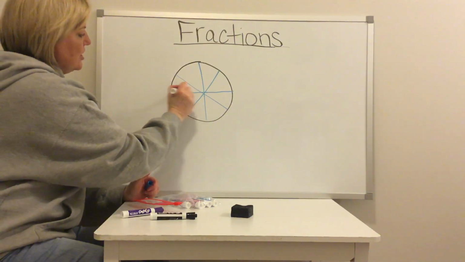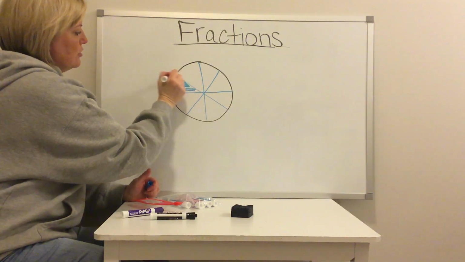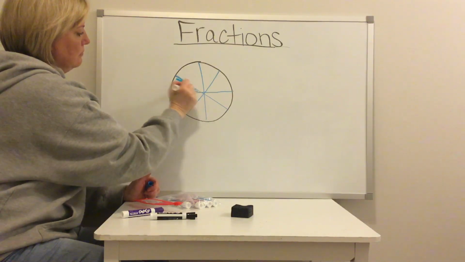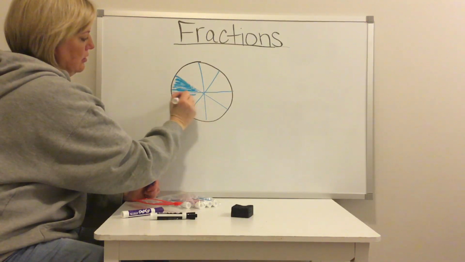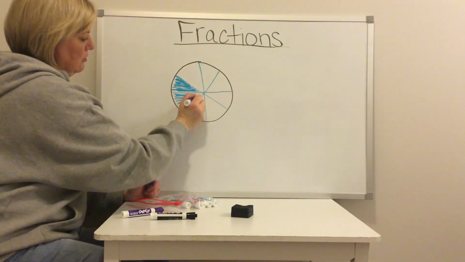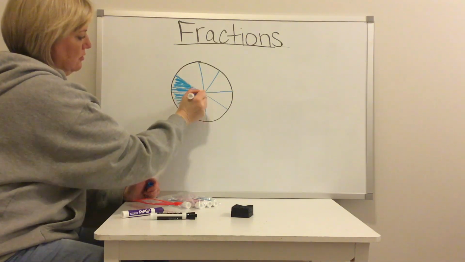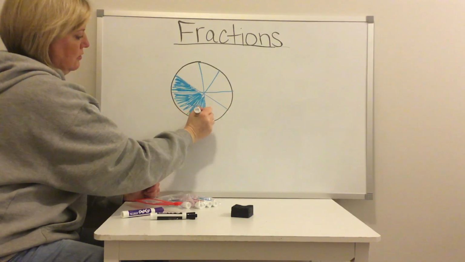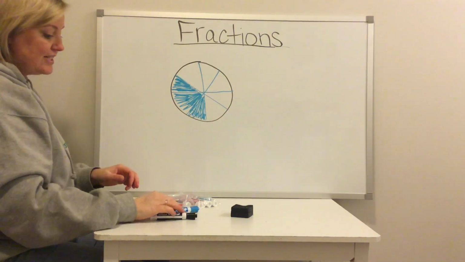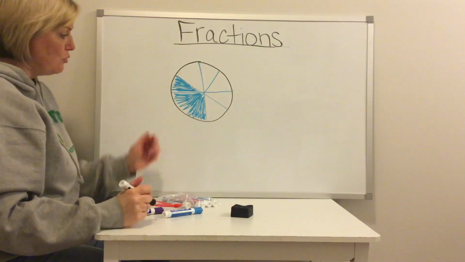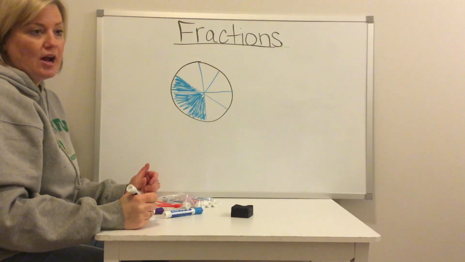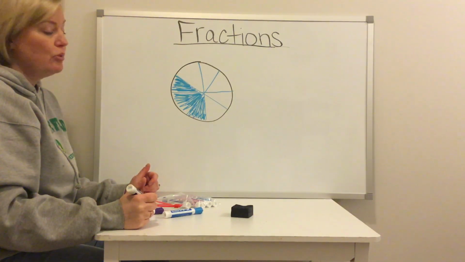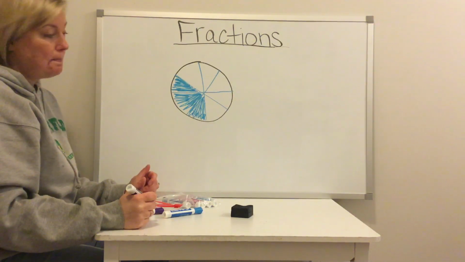And I'm going to shade in a certain number of them. Now, let's say for this one, I wanted to write a fraction for the area that was not shaded.